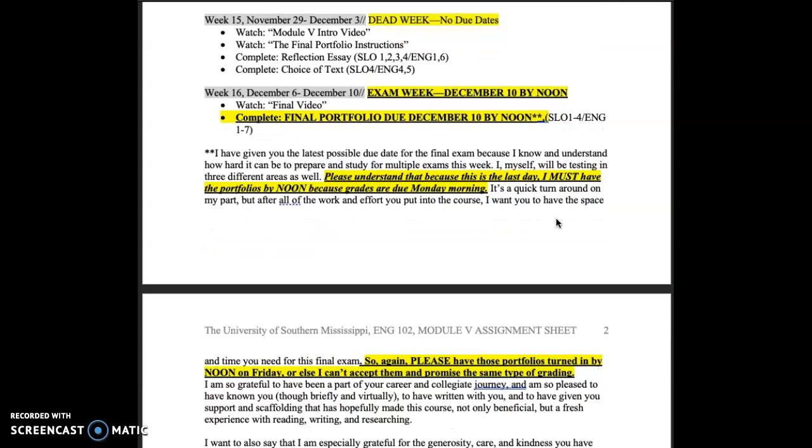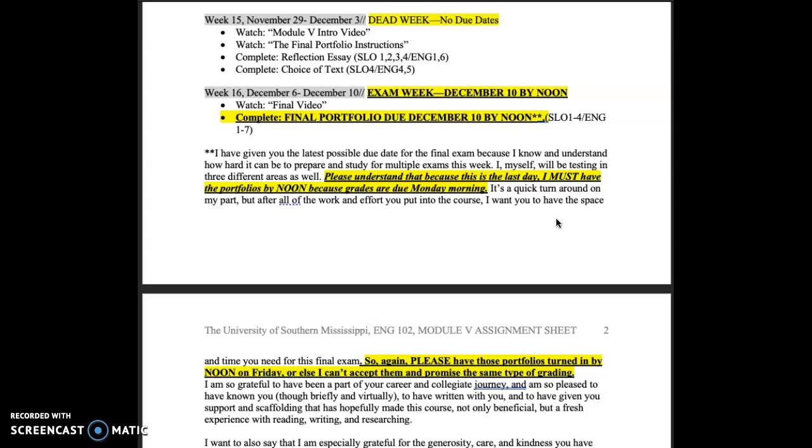And I want to hit this. I've given you the last possible date for exams because I know that you have other exams, probably exams that are maybe more difficult to prepare and study for. And I wanted you to have as much time as you needed. And I myself will be testing in 3 different areas as well this week.